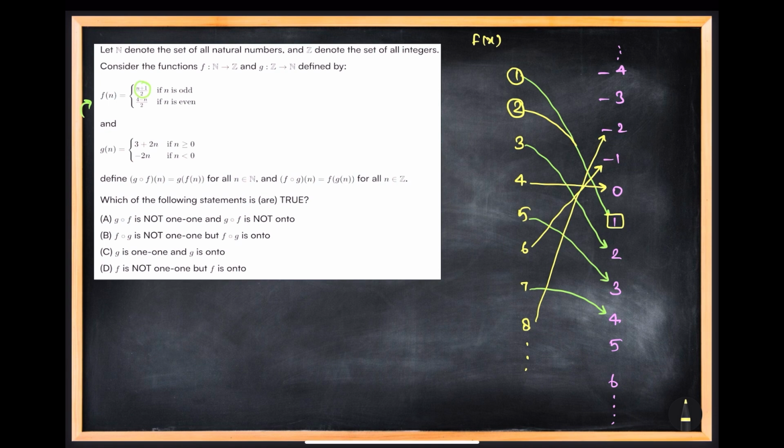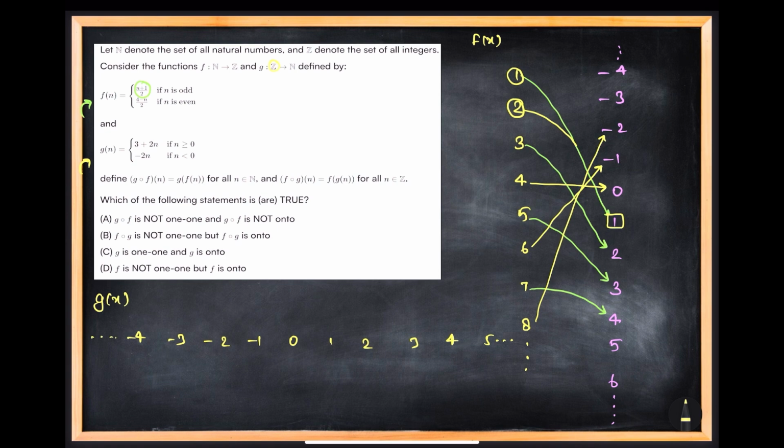Now we got our f of x. Now we will think about the g of x function. So look at the g of x function. g of x starts with the integers: 1, 0, 1, 2, 3, 4, 5, minus 1, minus 2, minus 3, minus 4, dot, dot, dot.